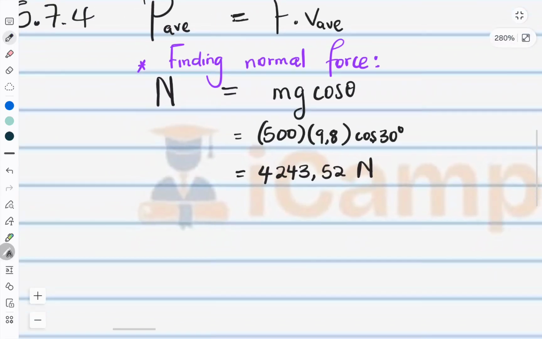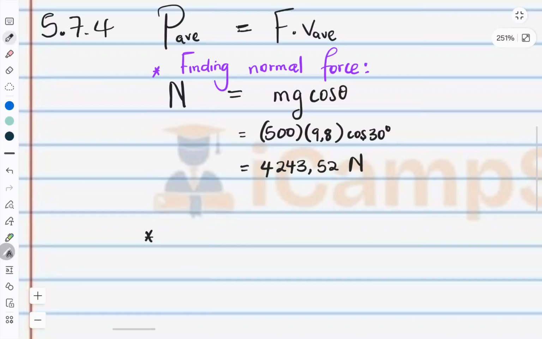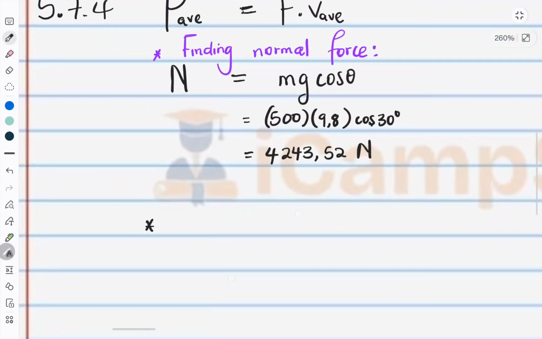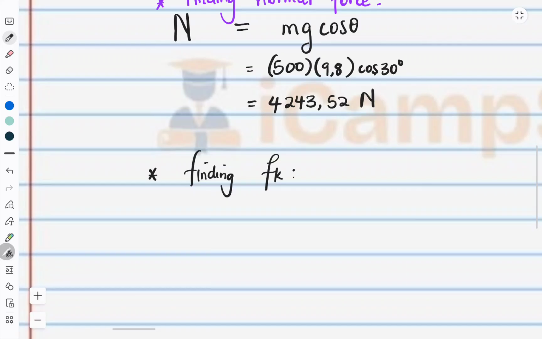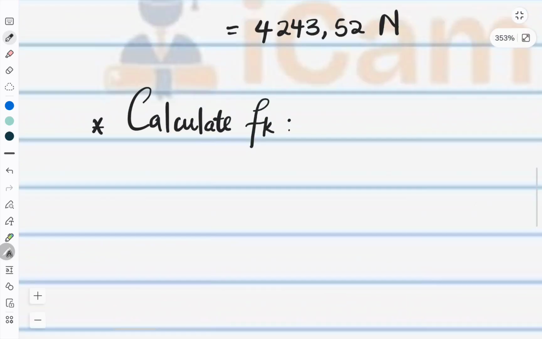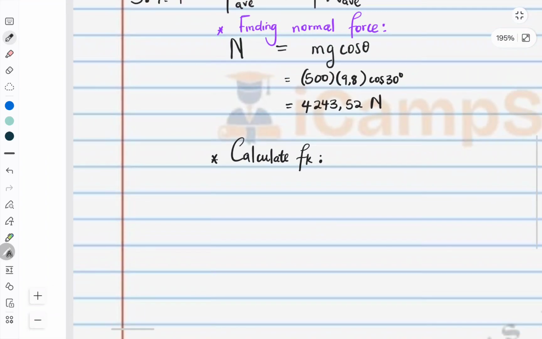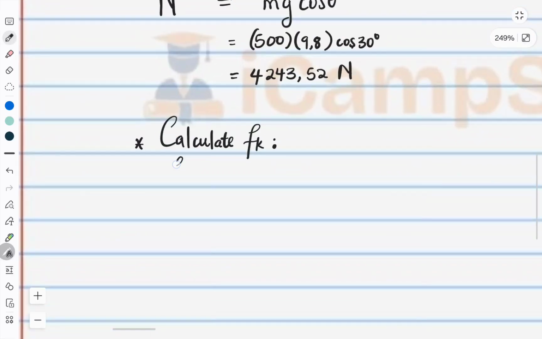Now we want to find our friction. Let's just say calculate. You don't have to label your steps like this. I'm doing it so that you can take a mental note. So for Fk, we know that Fk is equal to mu k times the normal force.